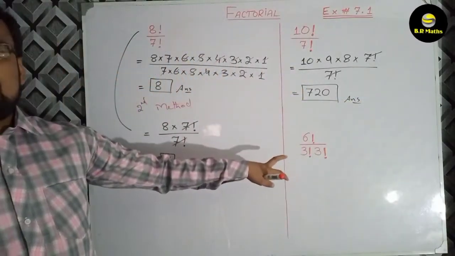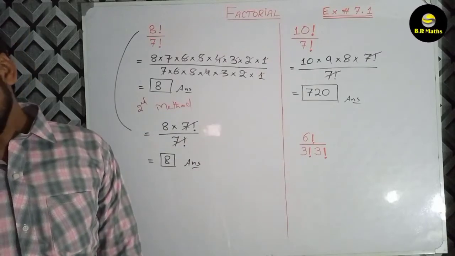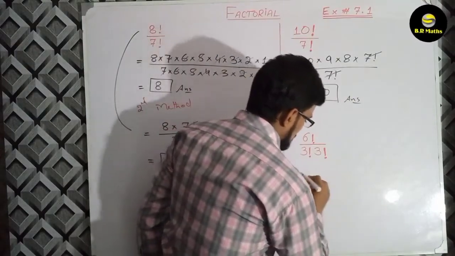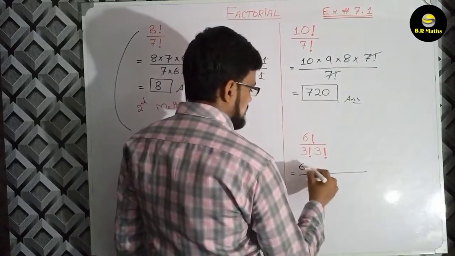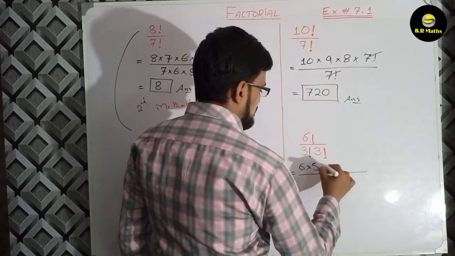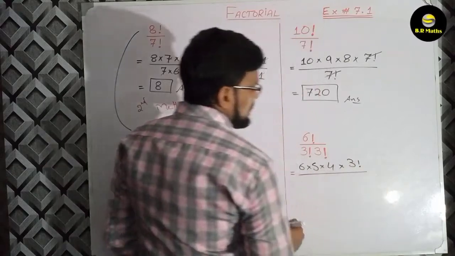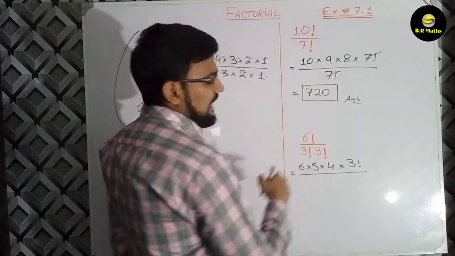The next one is 6 factorial divided by 3 factorial times 3 factorial. How can we solve this? 6 factorial is 6 multiplied by 5 multiplied by 4 multiplied by 3 factorial. In the denominator, we have 3 factorial and 3 factorial.